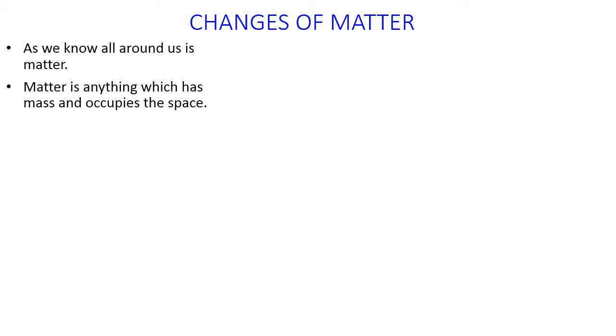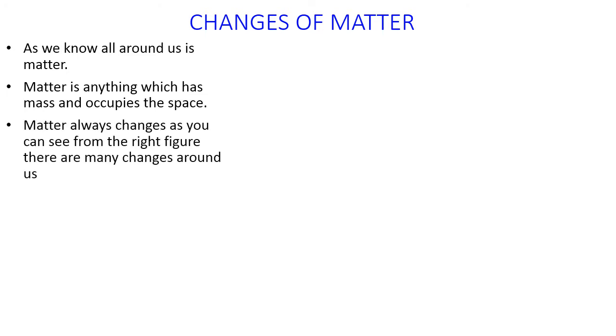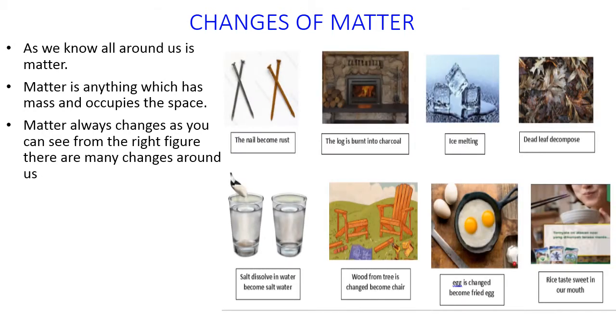Changes of matter. As we know, all around us is matter. Matter is anything which has mass and occupies space. Matter always changes. As you can see from the right figure, there are many changes around us.